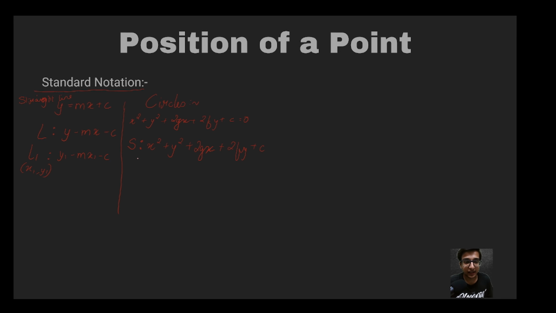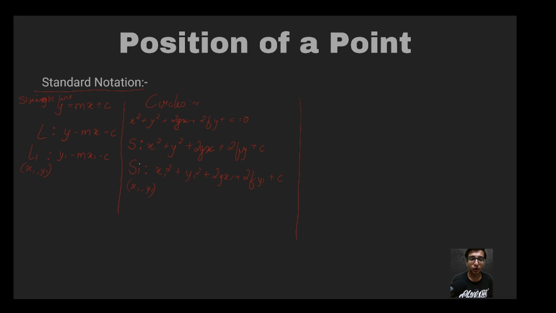That is how we represent S. Now let's say if we were to find out about any point, we write it as S1, which is x1 comma y1. So we simply write the values of x1 and y1 in place of x and y in the equation: x1 square plus y1 square plus 2gx1 plus 2fy1 plus c. So this is how S and S1 are represented.